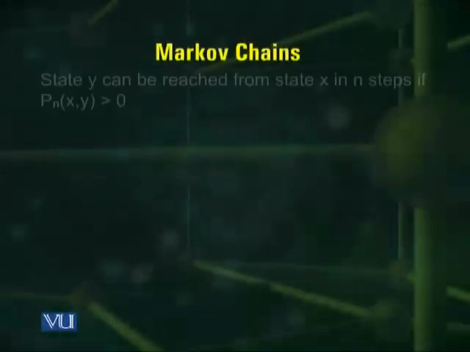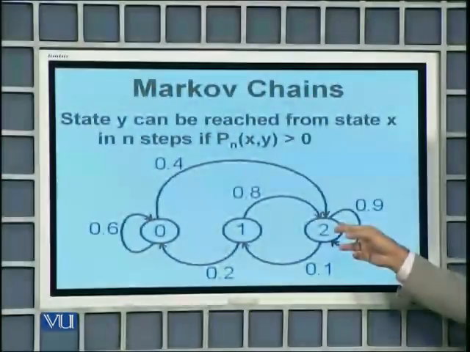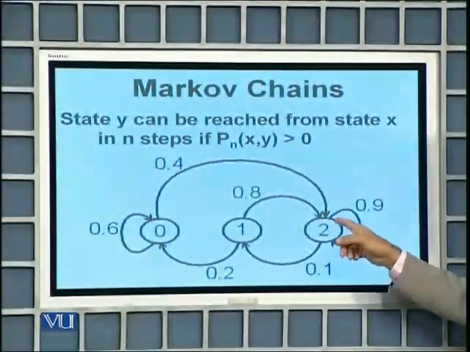Let's look at a particular example. The example is the old example of a machine which breaks down and gets repaired in two facilities. This is the state transition diagram, and you can see that from state 0 we can reach state 2 in one step. So state 2 is reachable from state 0 in one step. Similarly, state 2 is reachable from state 1.